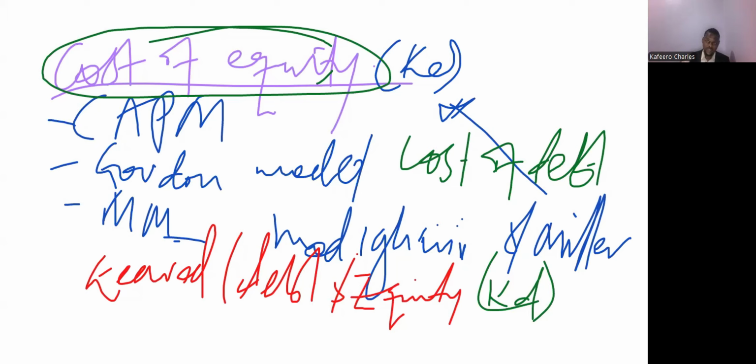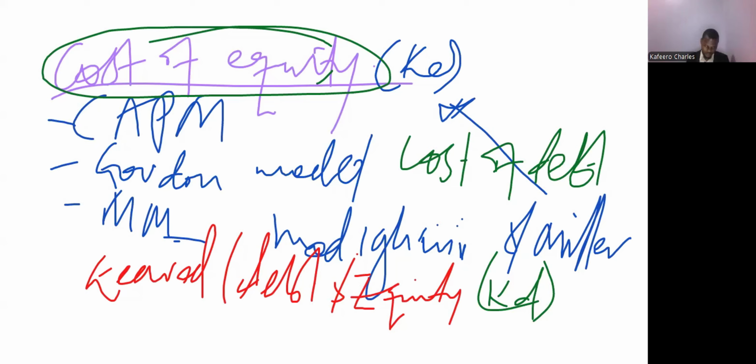When we are done looking at the capital structure point of view, I will conclude with how we can use it to compute the cost of equity. That's how I think it may actually make sense.